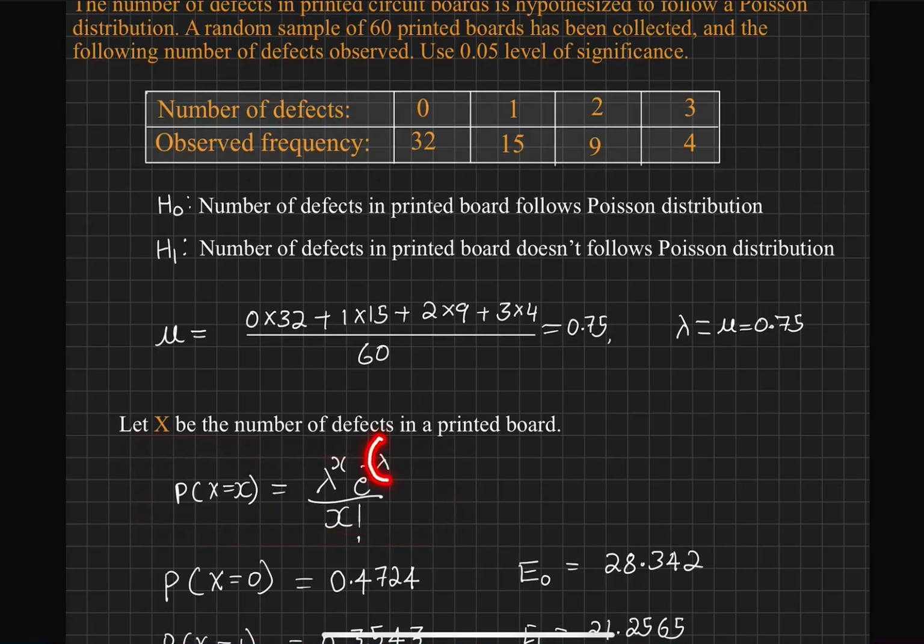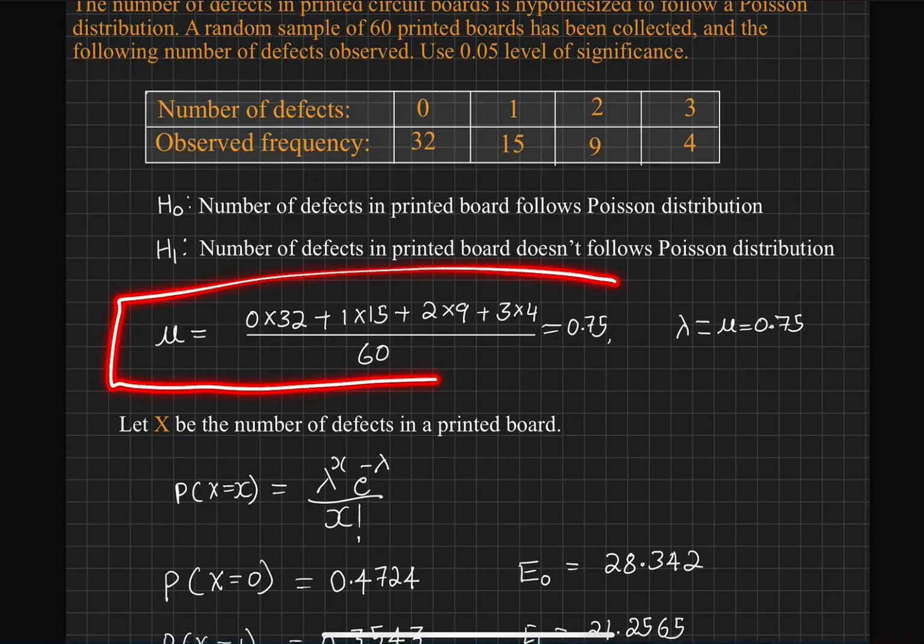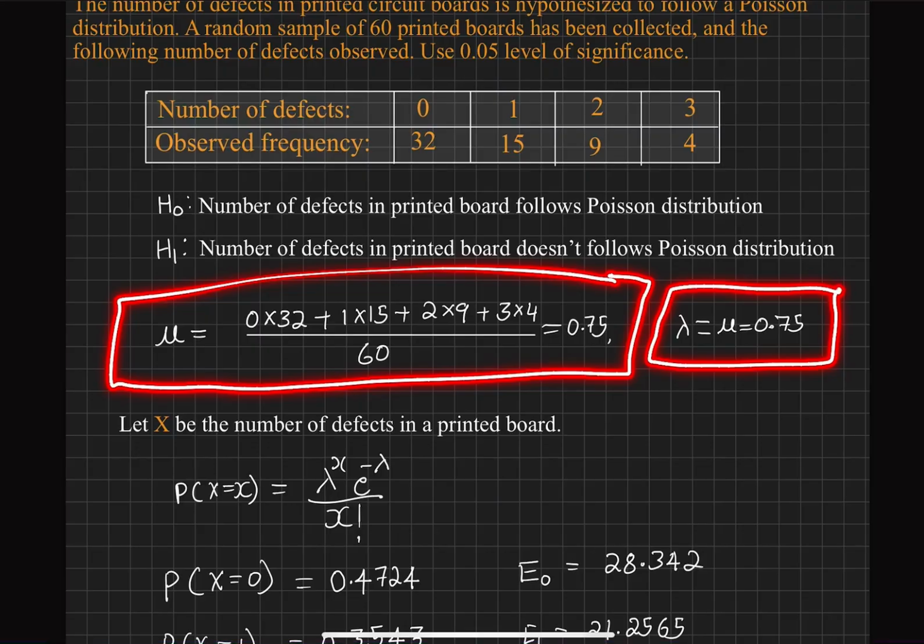Here in a Poisson distribution, lambda is the parameter. Lambda is nothing but the mean of the Poisson random variable. Here if I consider mean of this Poisson random variable, we get it as 0.75. So lambda will be 0.75.